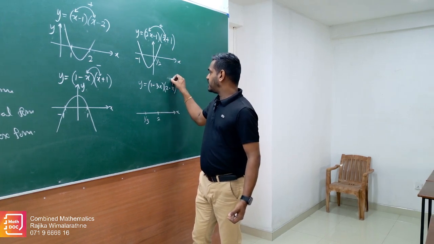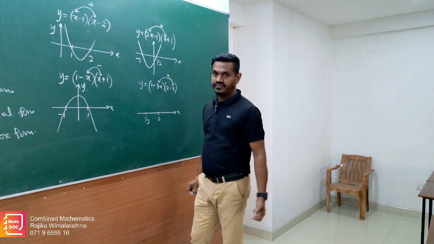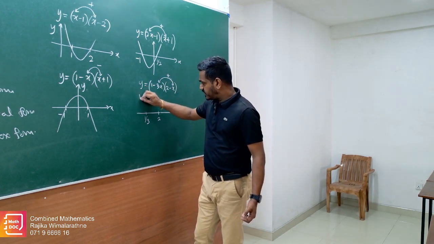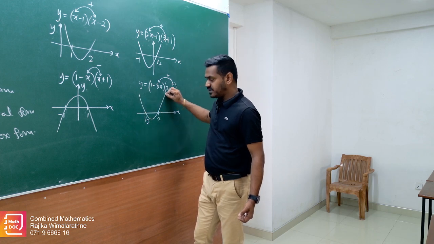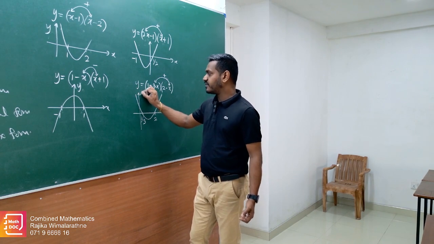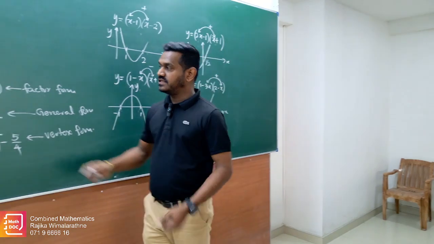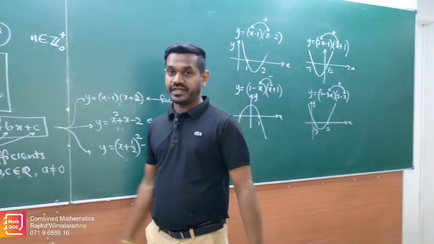When you expand, the x squared coefficient is positive, therefore it is a minimum shape function. Then the y-axis is somewhere here. So you can sketch according to scale. That's how we sketch this type of factor form quadratics.